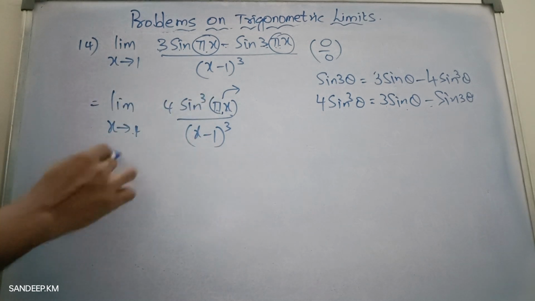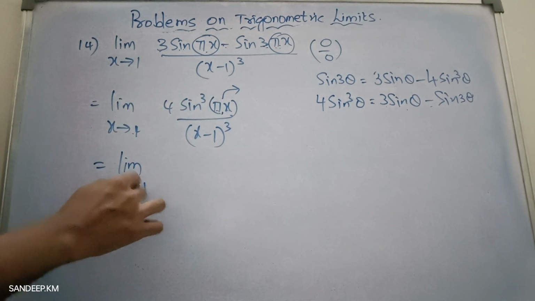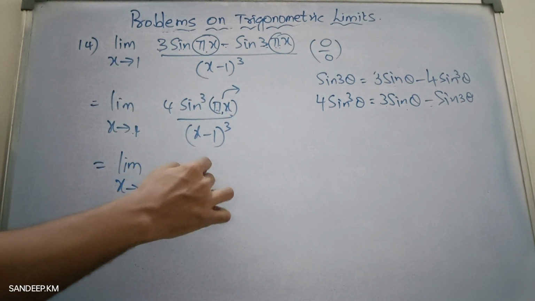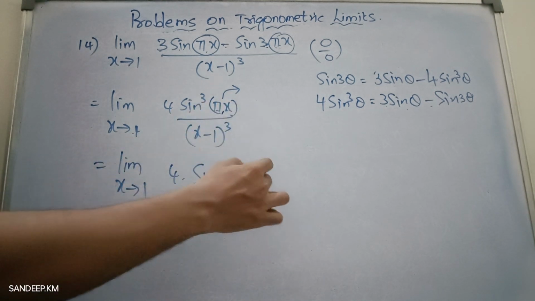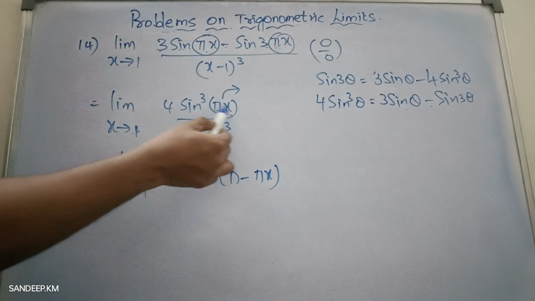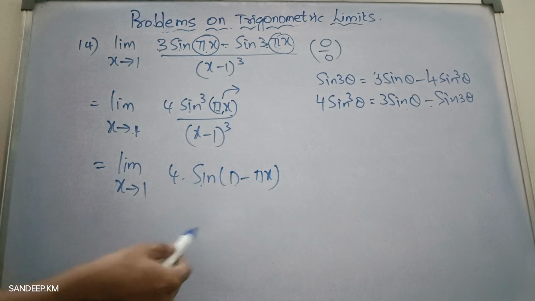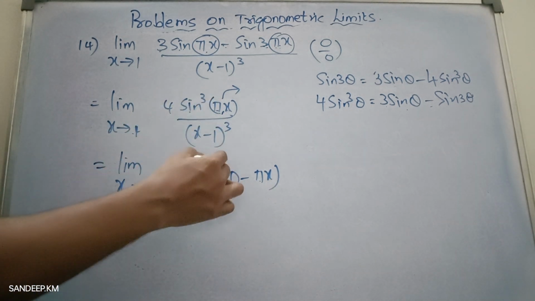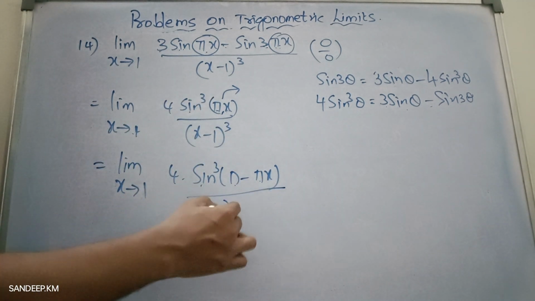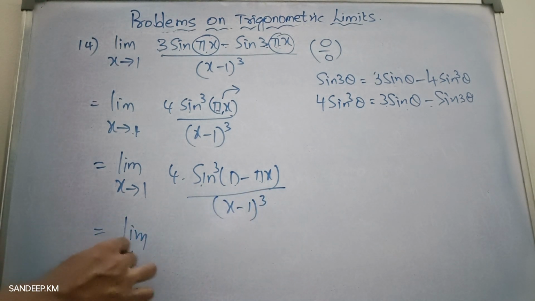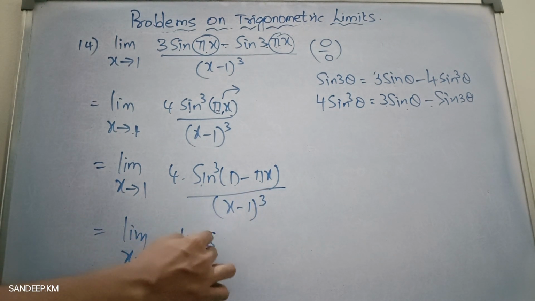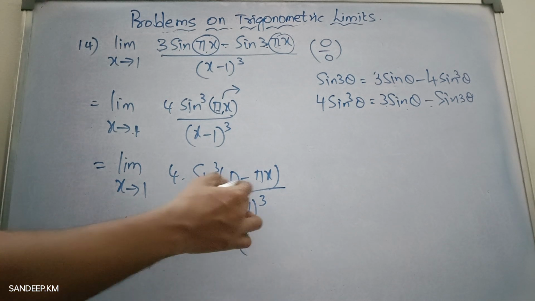So 4 into sine theta is sine 180 minus theta. Correct or not? Sine pi x is sine 180 minus pi x, sine pi minus pi x. Don't forget the cube. Divided by x minus 1 whole cube. Limit x approaches 1, 4 into sine cube of, if I take pi common, I'll get 1 minus x.